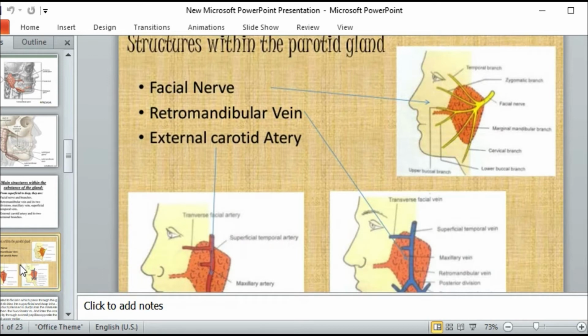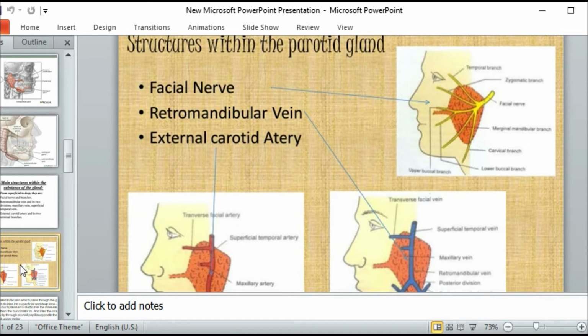Also, we talk about the structures that within the parotid gland. There are many important structures that passing through the parotid gland. The important one, the facial nerve, as I said before in the previous lectures, the facial nerve and its five terminal branch. In the picture also you can see its five terminal branch, they passing through the parotid gland. So here during surgery the dentist or the surgeon must be more conservative, precise.